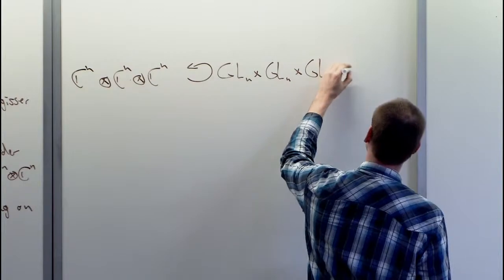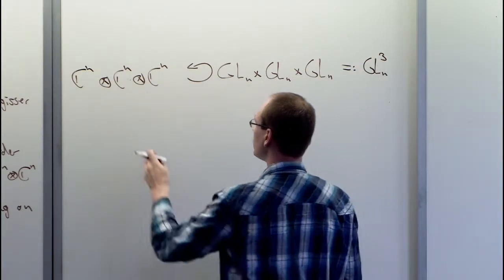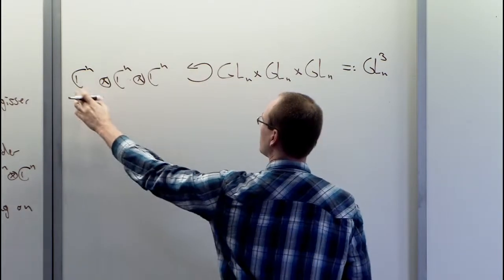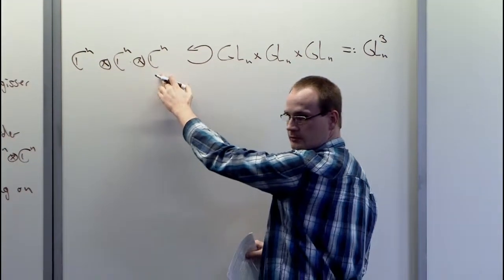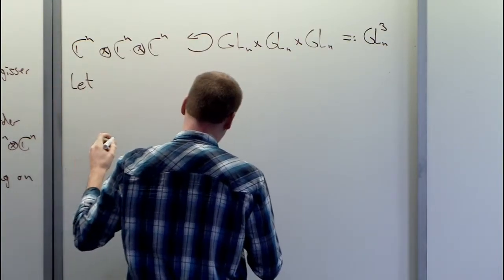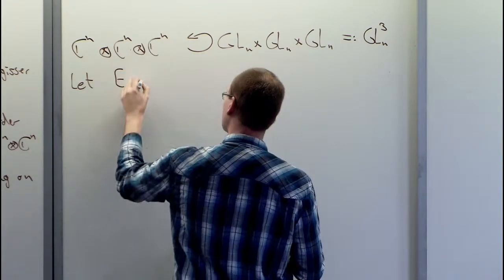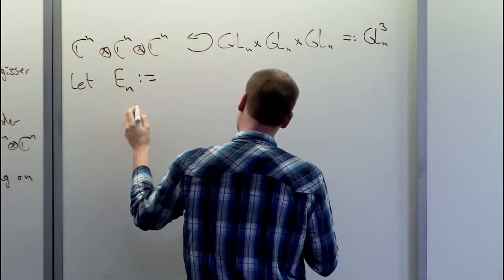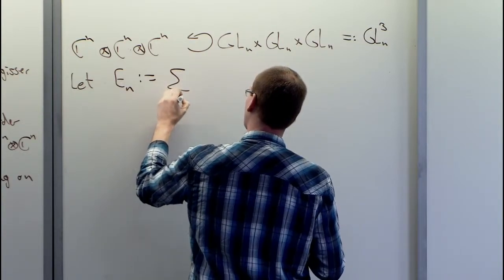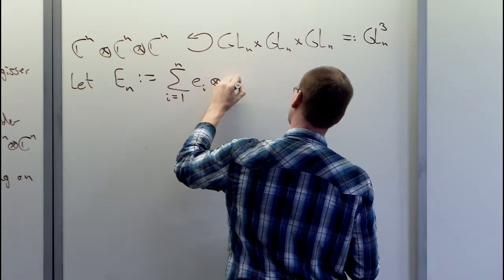Let me call this group GL_n cubed, acting in the obvious way: the first GL_n here, the second here, the third here. Now there's the unit tensor you might have heard about. I'll write it this way: E_n, the sum i equals 1 up to n of e_i tensor e_i tensor e_i.